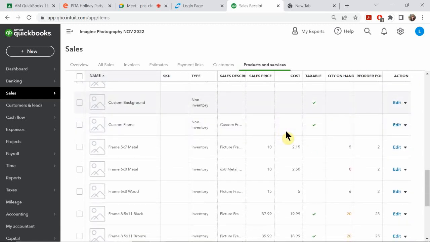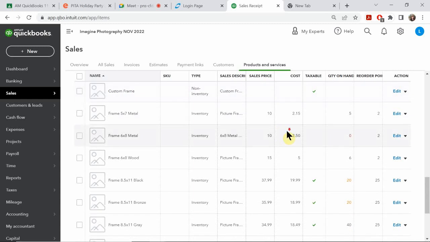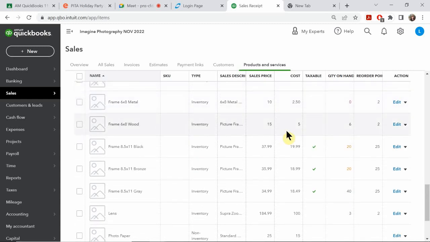But if I go ahead and take this out, right, what you're going to notice is, boom, right here tells me that I only have 20 items left of my black, 20 items of my bronze, and I only have 40 left of my gray.